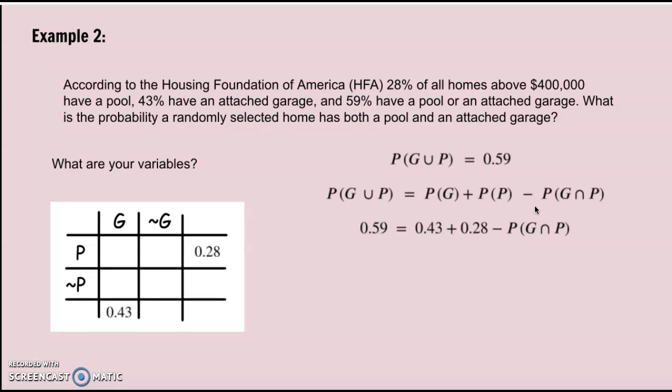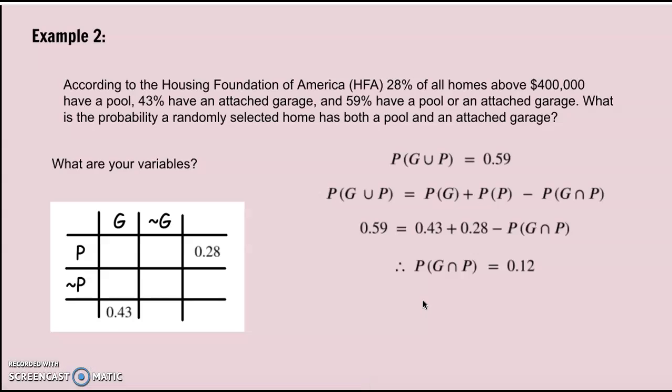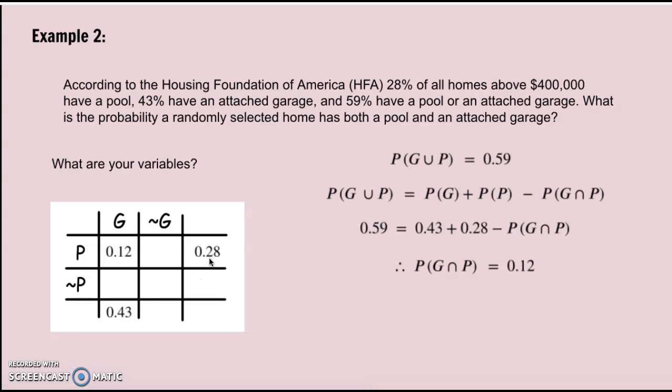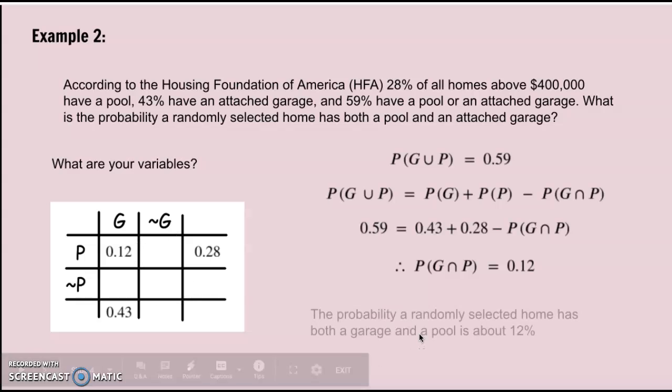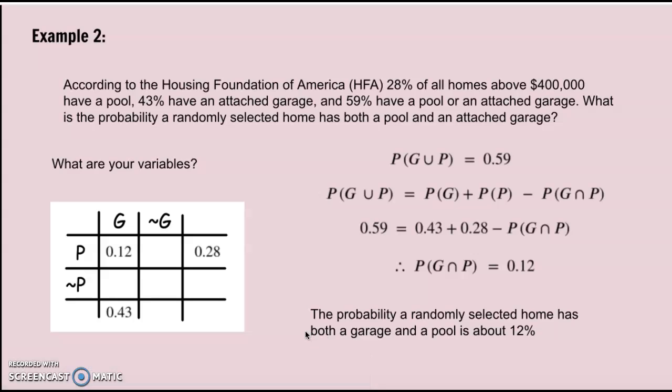Notice we need the whole intersection, so we're going to go ahead and move these over, divide by -1, and we get the intersection to be 0.12. And that actually makes sense now because 0.12 is less than 0.43, and it's also less than 0.28. So if you wanted to, you could fill out the rest of the chart, but we're actually done. We can say the probability a randomly selected home has both a garage and a pool is about 12%.